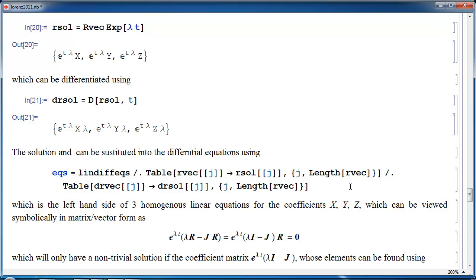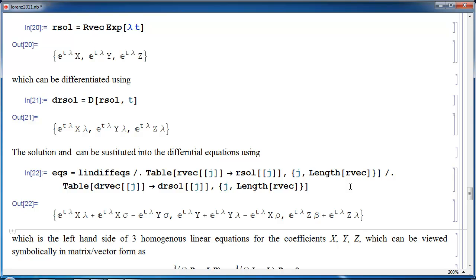So the result of that can be seen using this, and we can see that this has three components. Each of these must be 0, and each component is one of the elements of the constant vectors multiplied by some things.